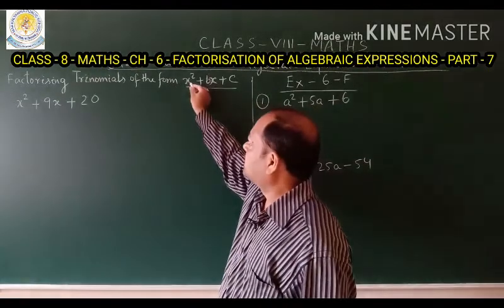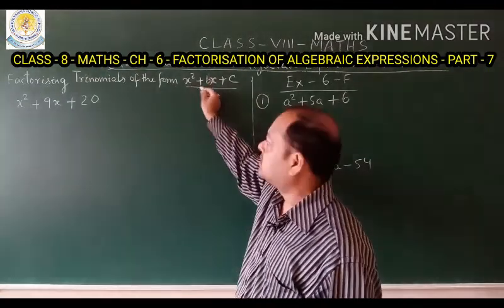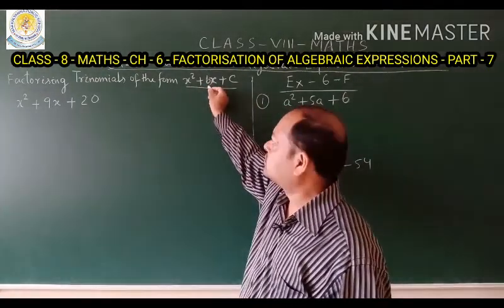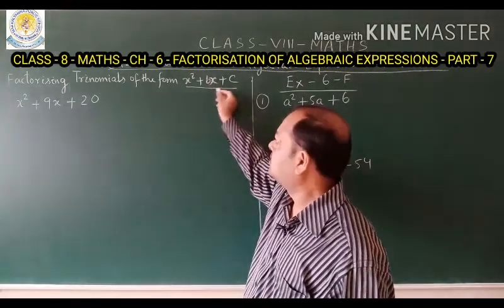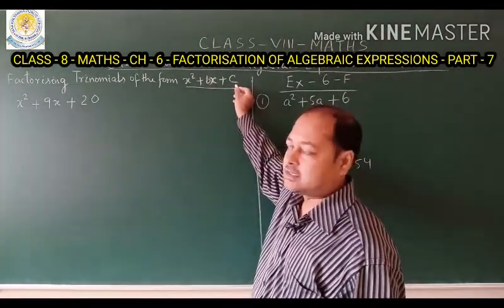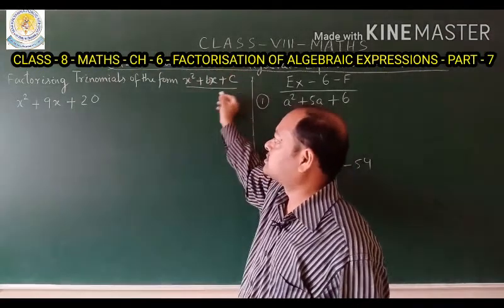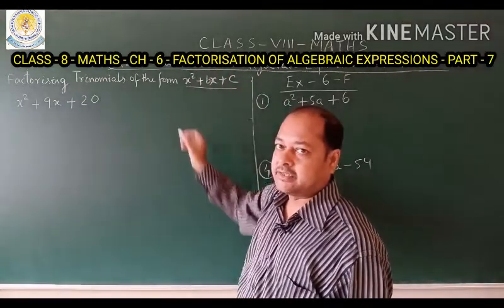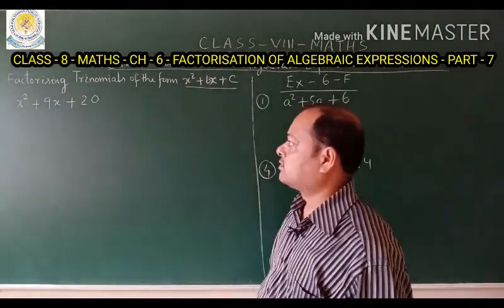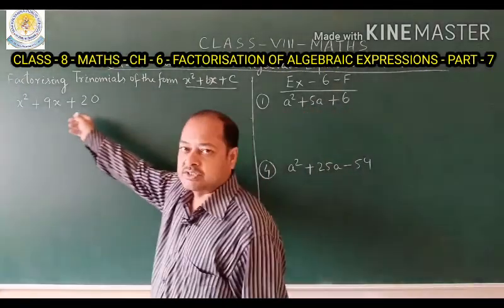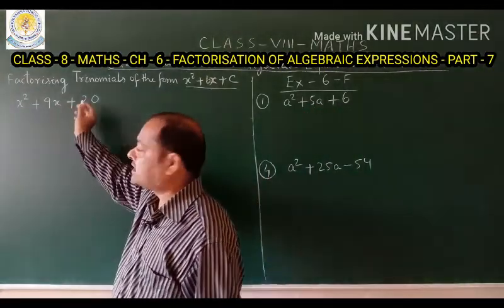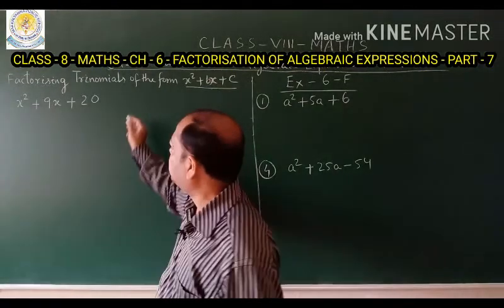Here x square is a term and the middle term is bx, so b and x are multiplied here, and plus c is a term here. Together these three terms are used here. Look at this question, x square plus 9x plus 20. What is the first term?